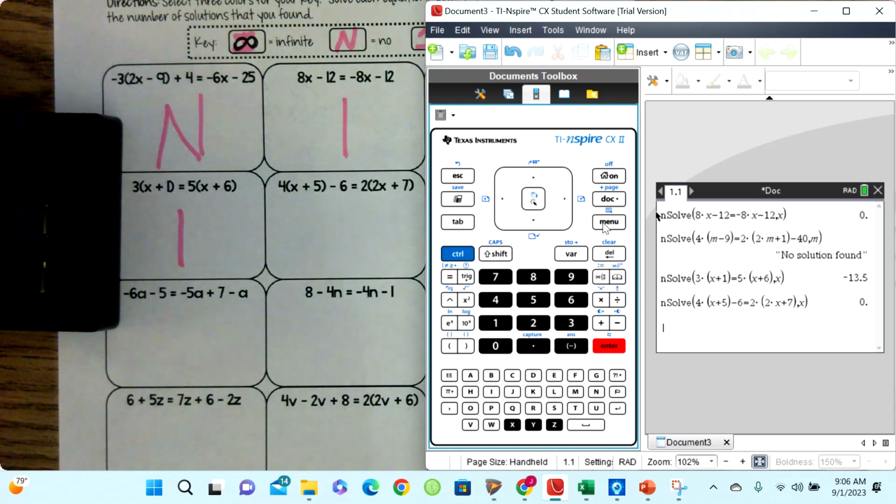Menu 3-1, 4x plus 5 minus 6 equals 2. Ugh. Y'all say 0 too? See, it shouldn't be. Comma x. Yep, mine's showing 0 too.